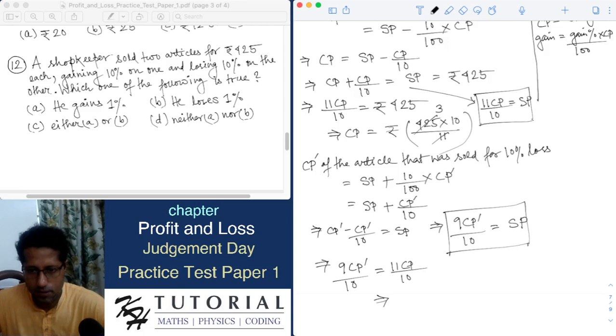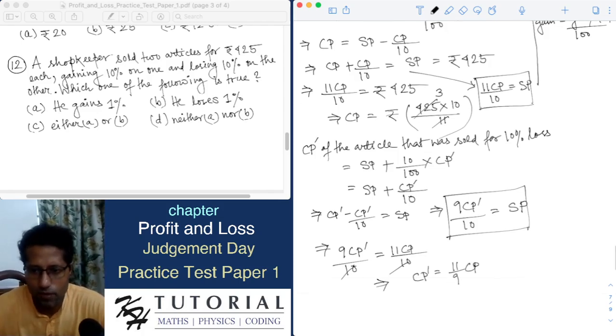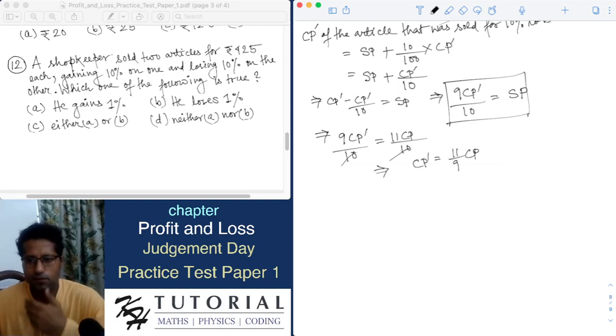So the 10s cancel. We get CP dash equals 11 by 9 CP. Somehow we have to use this result.